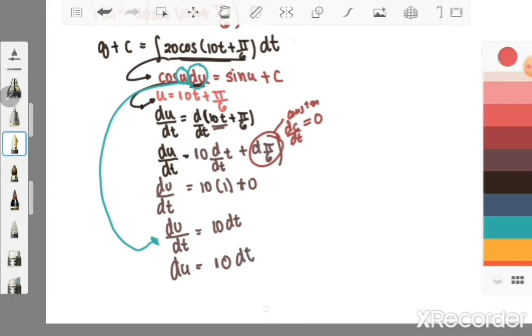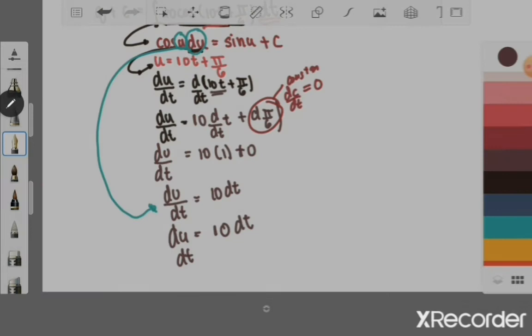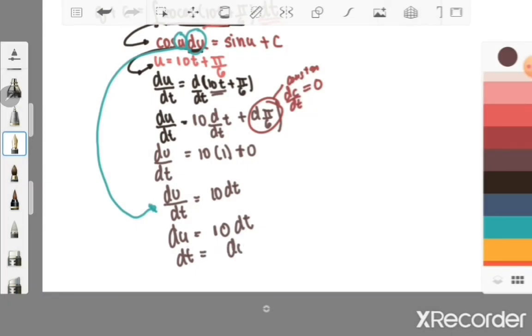But since we are substituting this equation into this equation, we may say that your dt is equal to du over 10. The factor 1 over 10 multiplied by du. This can be rewritten into 1 over 10 multiplied by du. But what is this 1 over 10? Your 1 over 10 is what you call your neutralizing factor.